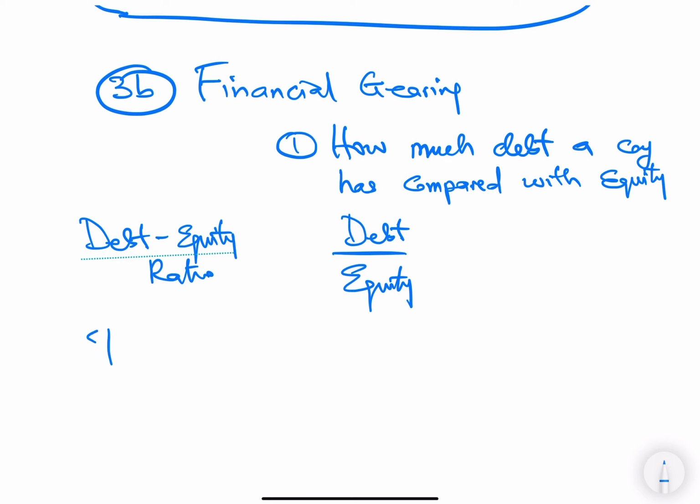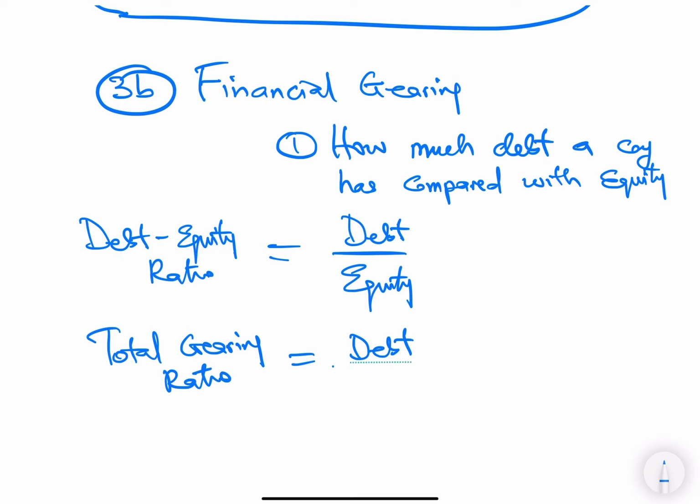Or total gearing ratio. If it is total gearing ratio that you are trying to calculate, use a different formula. Either of them is allowed, and if it's a multiple choice question, you'll be told which one to calculate. If they say debt equity ratio, you do this. If they say total gearing ratio, you do debt over debt plus equity.